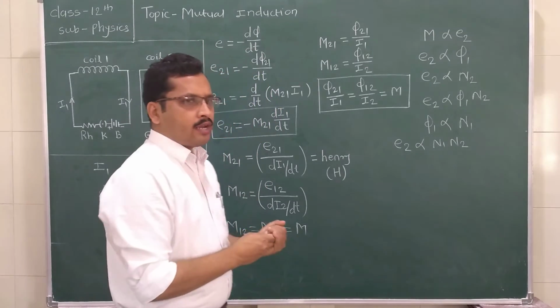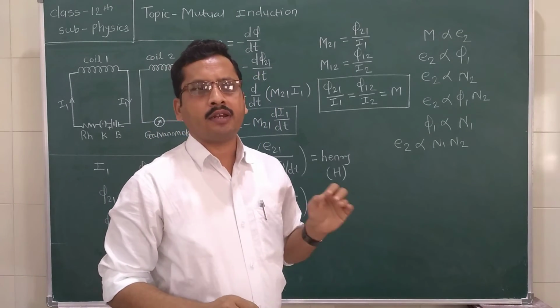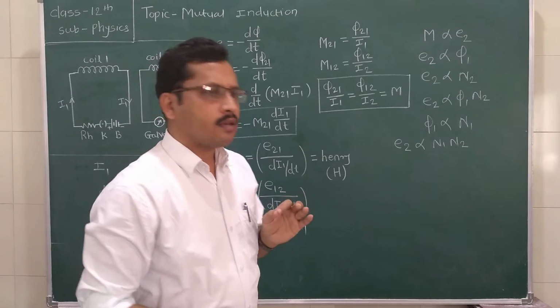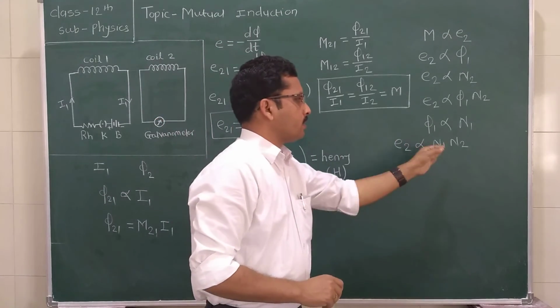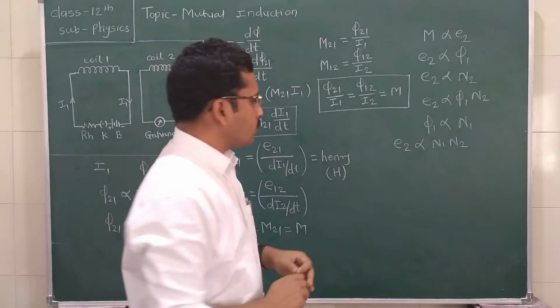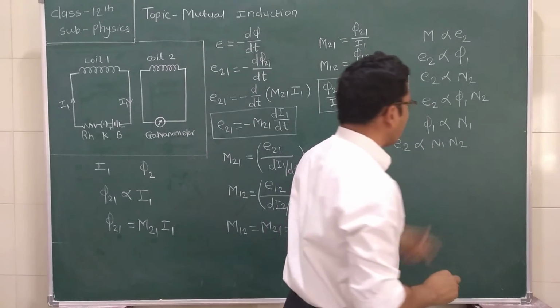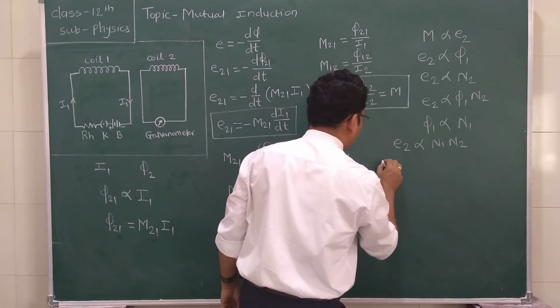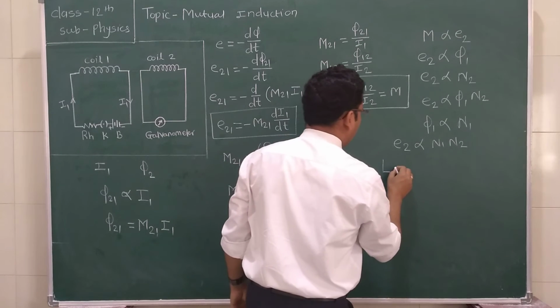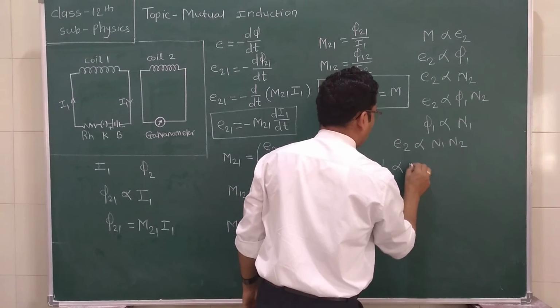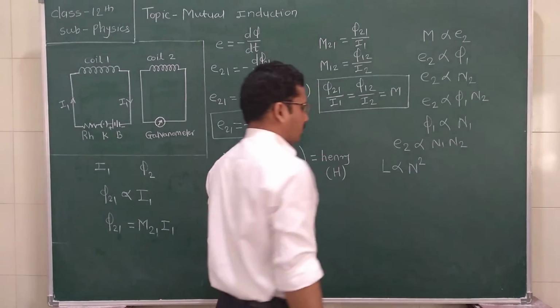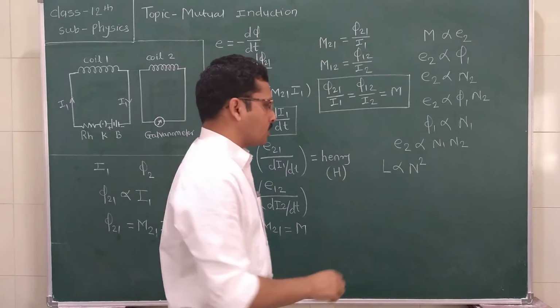But what are N1 and N2? They are the number of turns in the primary coil and the number of turns in the secondary coil. So how can we calculate this? We know that in self induction we found that L is proportional to the square of the number of turns, that is, L is proportional to N square.